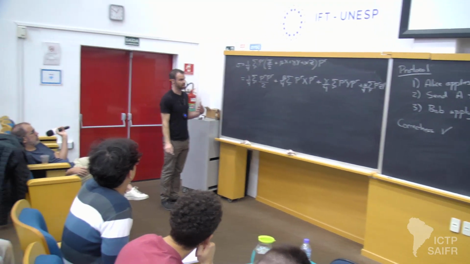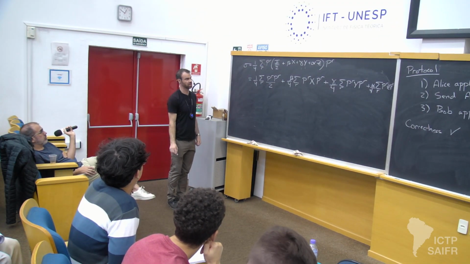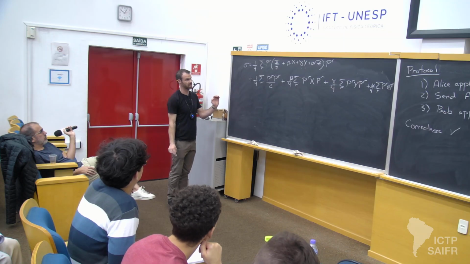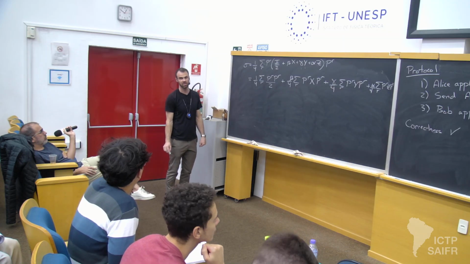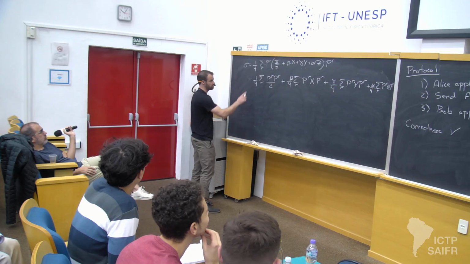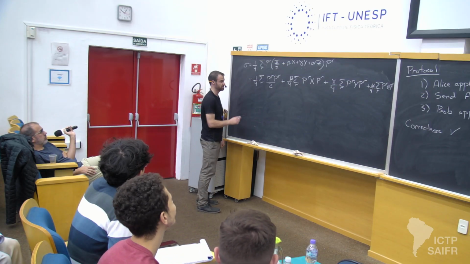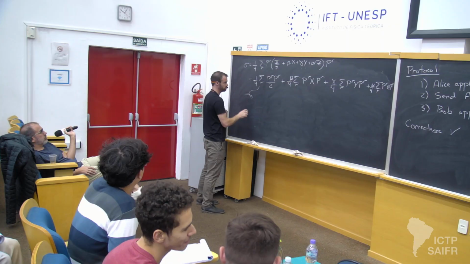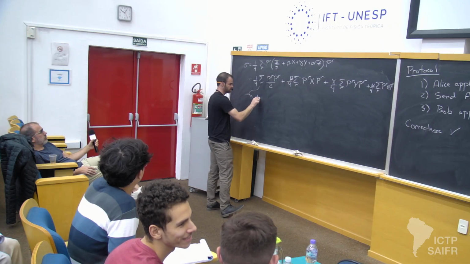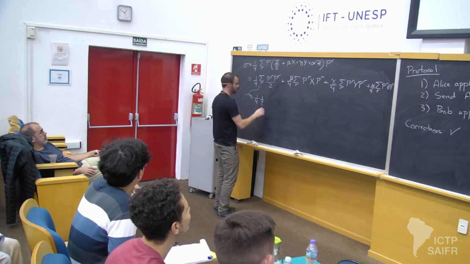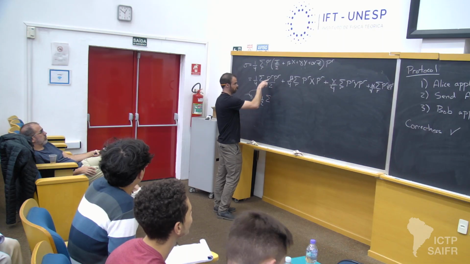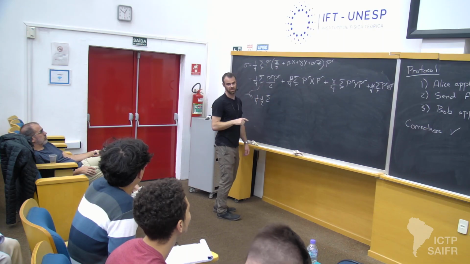Okay, so then you can compute each term separately. Since I'm low on time, I'm going to ask you to do that this evening, okay? But I'm just going to compute the first one. It's easy. So let's just look at this first term here. This is 1 over 4, 1/2, PR, right?